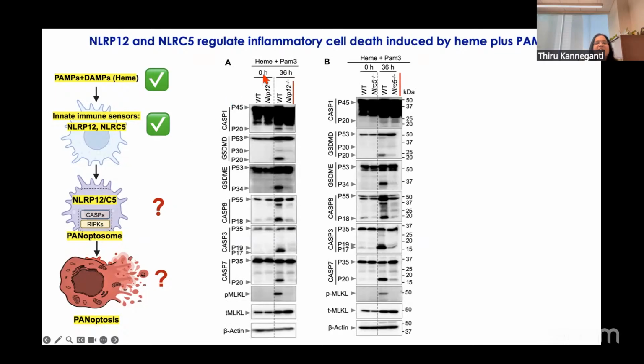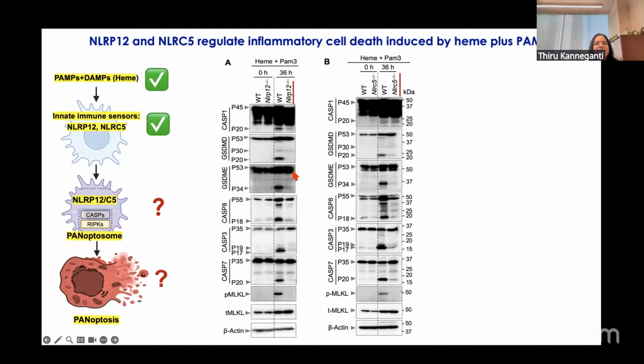As you can see here, heme together with PAM3 can activate caspase 1 and inflammatory pyroptotic molecules like gasdermin D and E, and this combination also activates caspase 8, caspase 3, caspase 7, and MLKL. This is a signature of panoptosis. And we show that in the absence of NLRP12, there's absolutely no caspase 1, gasdermin D, E, caspase 8, 3, 7, or MLKL phosphorylation.